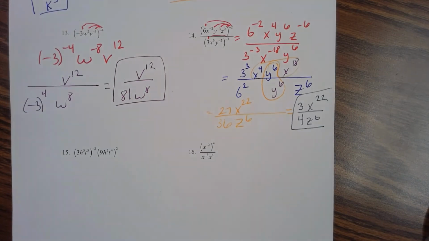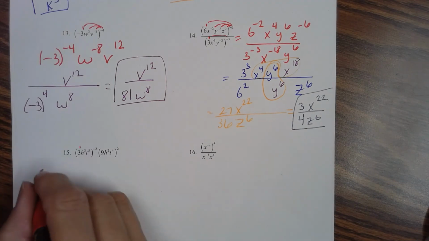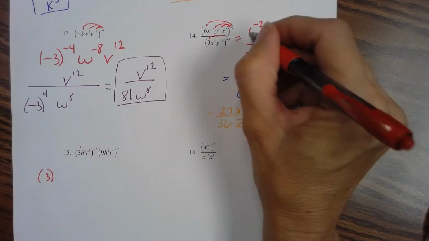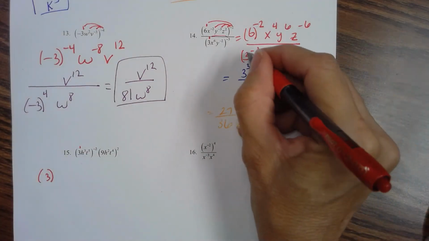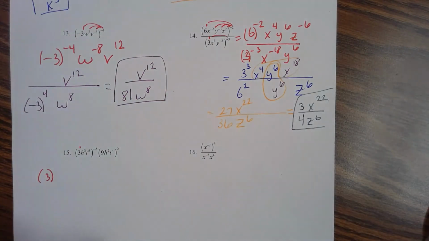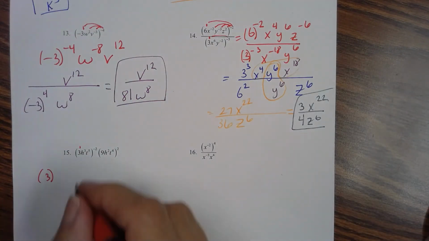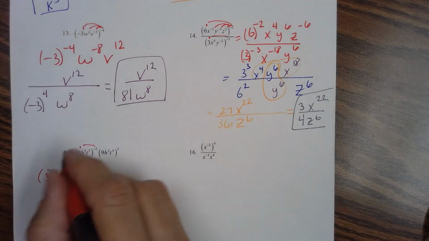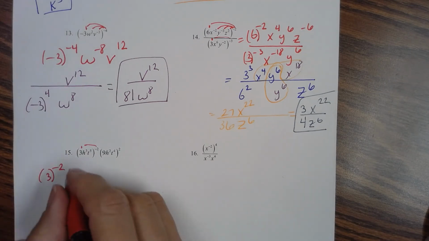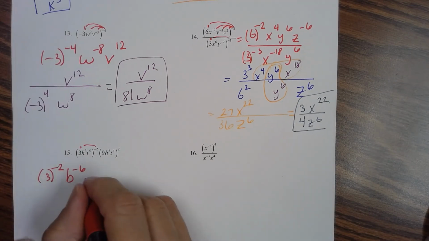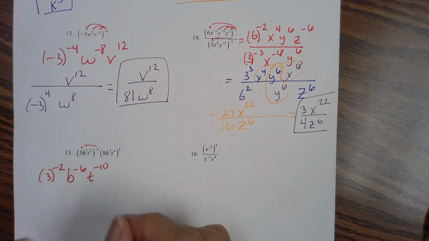So number 15, first thing I do to start off is distributing my power to every power, keeping that in parentheses. It would have been a good idea to use parentheses here, but since they were positive numbers, I didn't worry about it, but it is a good habit to get into. So 3 to the negative 2, h to the negative 6, t to the negative 10.